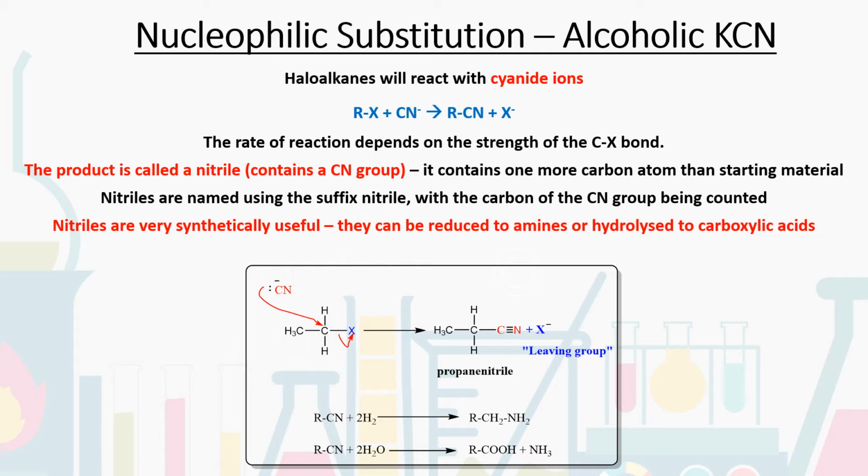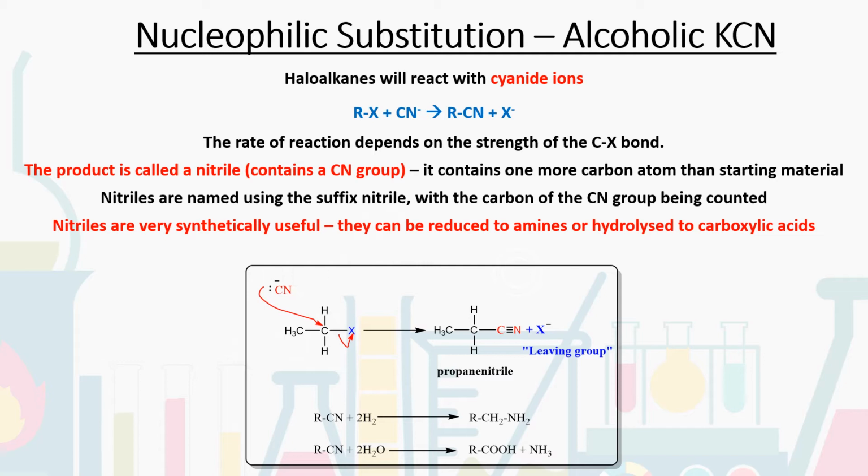Now nitriles are very synthetically useful because not only have we increased the carbon chain length, but there's lots of reactions we can do with these nitriles. We can reduce them down to amines. So remember that reduction is the addition of hydrogen, essentially. So we add hydrogen to it, and we reduce our nitrile all the way down to an amine. So we add hydrogens onto the nitrogen and the carbon.